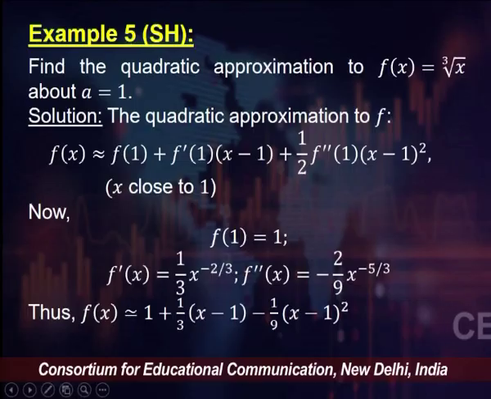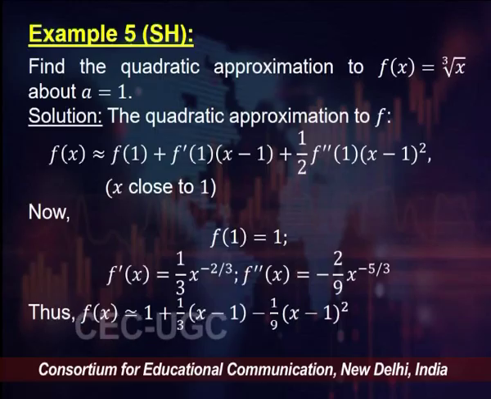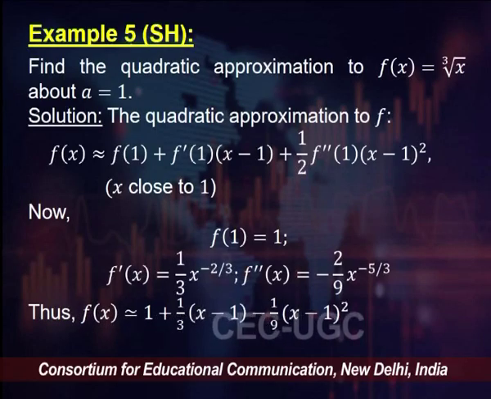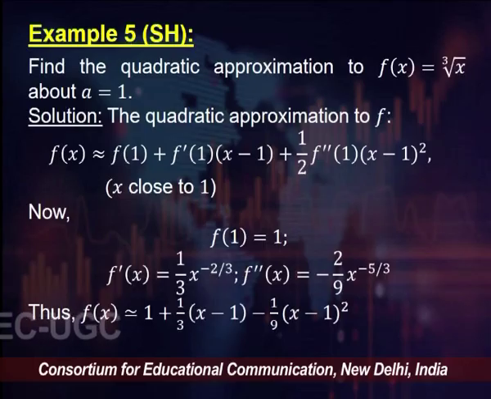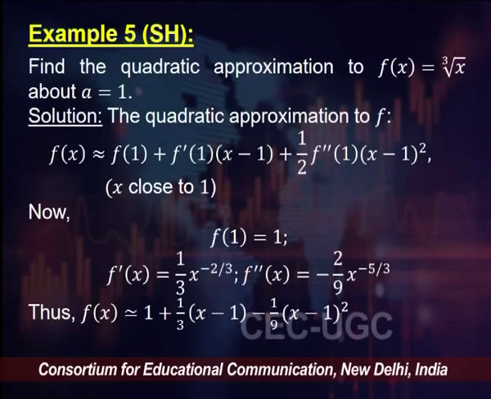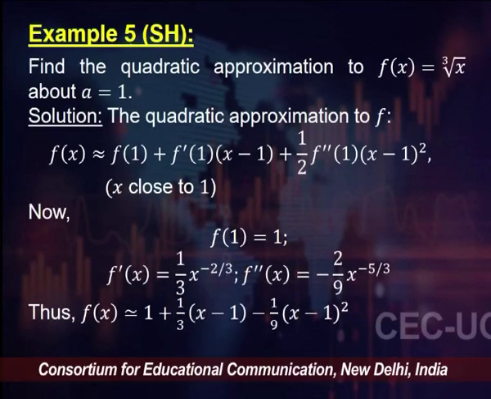Let us look at an example to illustrate a quadratic approximation, and we will work with the function that we had used for the first part of the lecture in order to get at the linear approximation, and the function here is the cube root of x, or x to the power 1/3, and the approximation here is about a equal to 1.